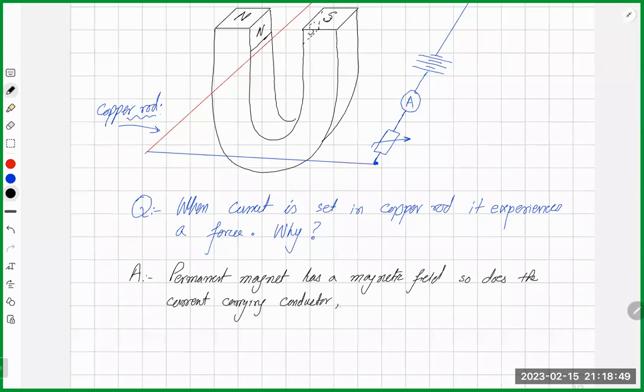When two magnetic fields are close, they interact and exert force.